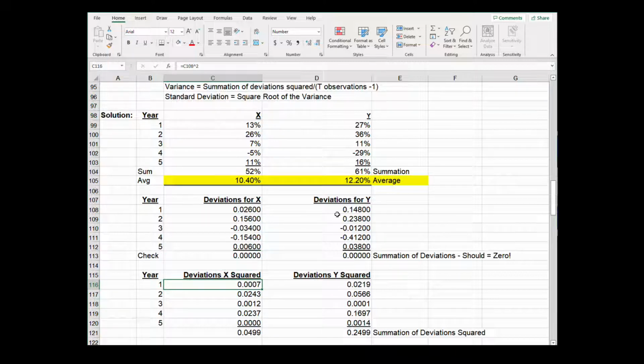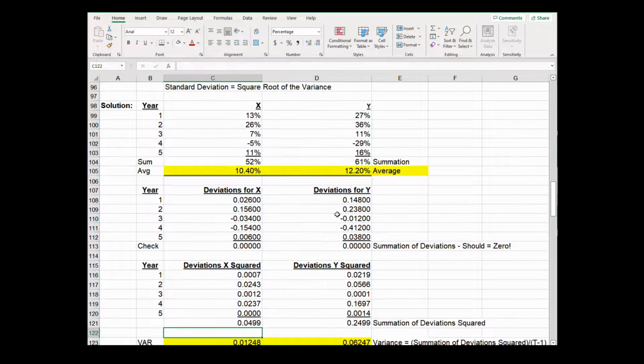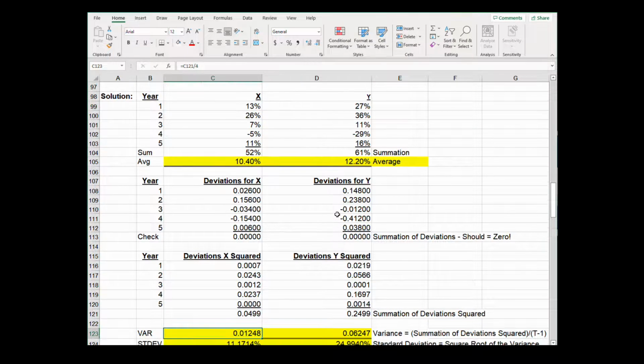Step number 3 is I square them all up and add them up. So I square the deviations. So 0.026 squared, 0.156 squared, and so on, to get rid of the negative deviations. I add up 0.0007 plus 0.0243 plus 0.0012 plus 0.0237 plus 0, and I get 0.0499 for the summation of the squared deviations of X, and 0.2499 for the summation of the squared deviations for Y. And then simply to get the variance, I take the sum of the squared deviations, 0.0499, divided by T minus 1, small sample.